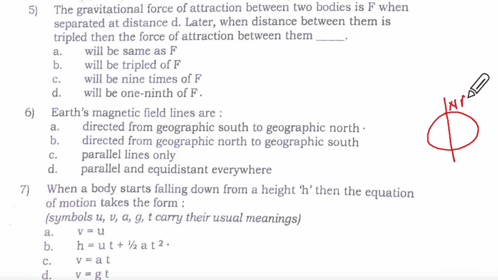This is north pole and this is south pole, but the earth's magnet is going to have its south here and north here, correct? So it will go from north to south, meaning geographic south to north, correct? Did you understand this? Okay.